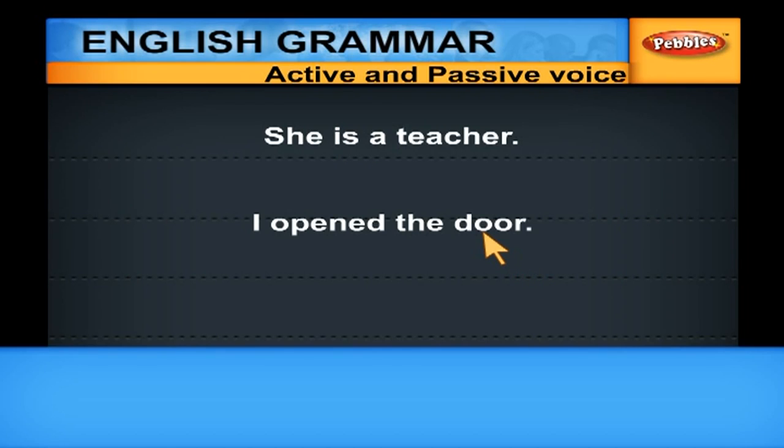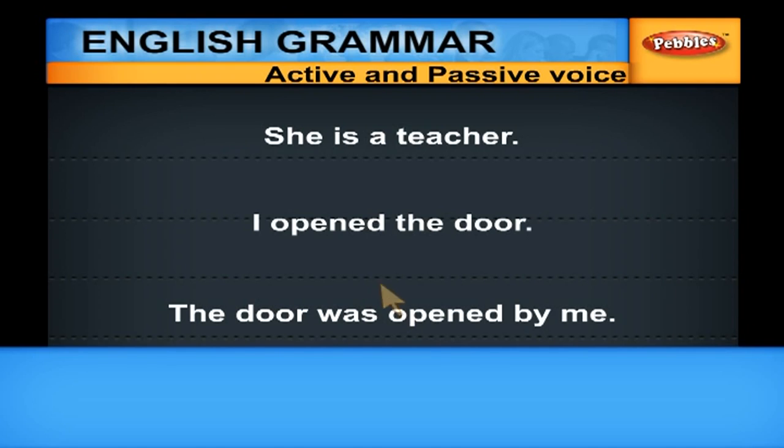A door is a nominal phrase. It comes after the verb open, so it is an object. If it is an object, you will be able to make it the subject of a passive voice. You can say, the door was opened by me. So, opened is a transitive verb.